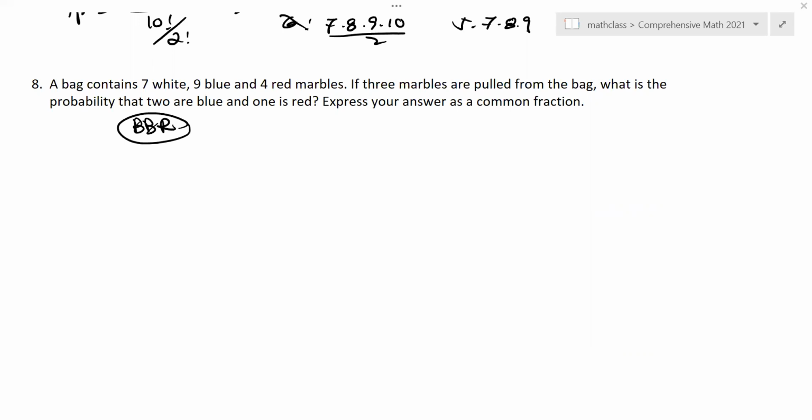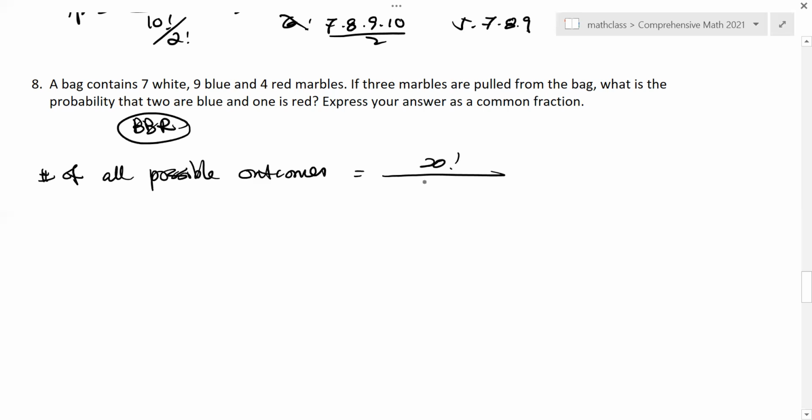And so the number of all possible outcomes, you have a total of 20. Then you take 3 out, 3 factorial, and then 20 minus 3 will be 17.